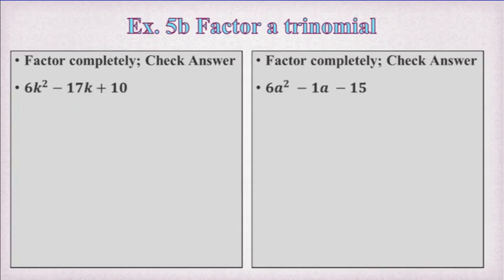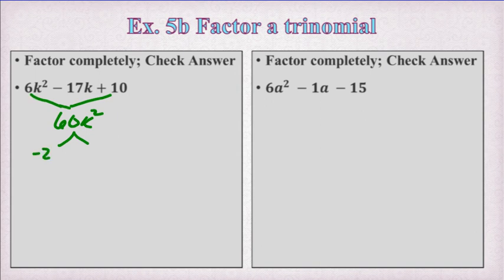And our last ones. So factoring these, multiply the outer two. So this would give me 60k squared. So I need to multiply two numbers to get 60, but add them together gives me a negative 17. I know that would be 20 and 3.